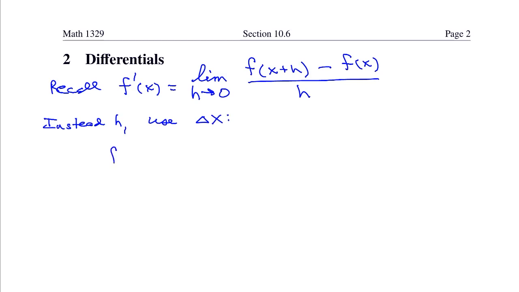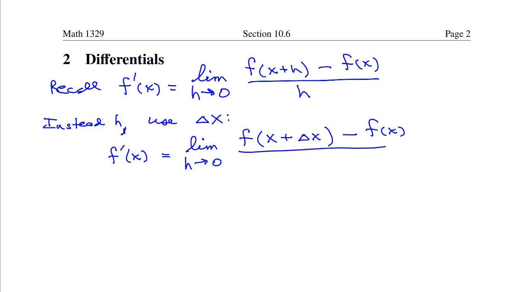So f prime of x is equal to the limit as delta x goes to 0 of f of x plus delta x minus f of x over delta x. I said h here, but that should of course be delta x right there in the limit.